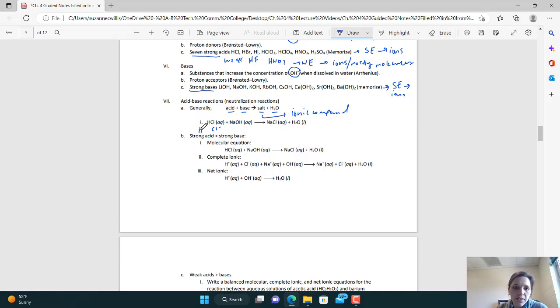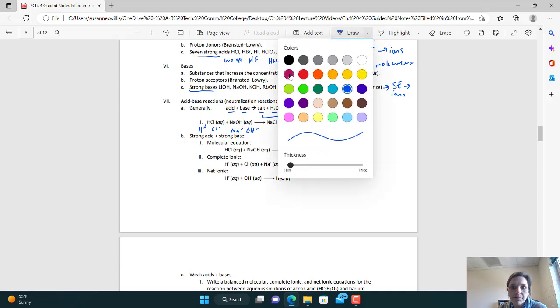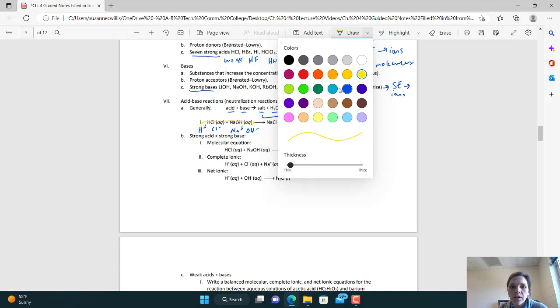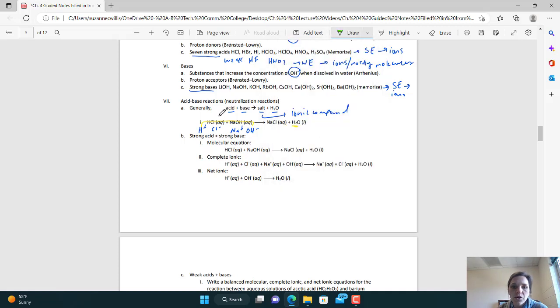So that is H+ and Cl-, and then Na+ and OH-. And what's going to happen is they're going to flip-flop, right? So you'll have H and OH come together. That's where your water comes from. And then your other two are going to combine using the flip-flop method, and you're going to get NaCl. This is your salt.